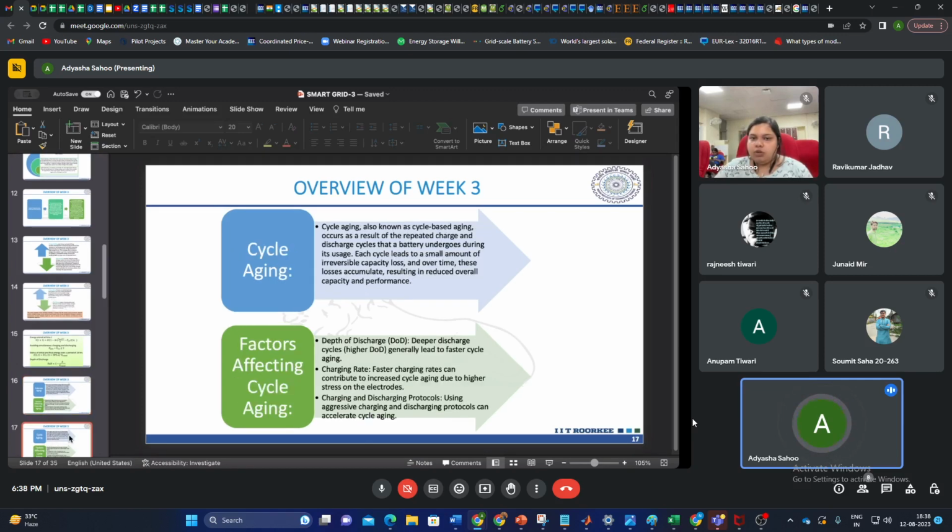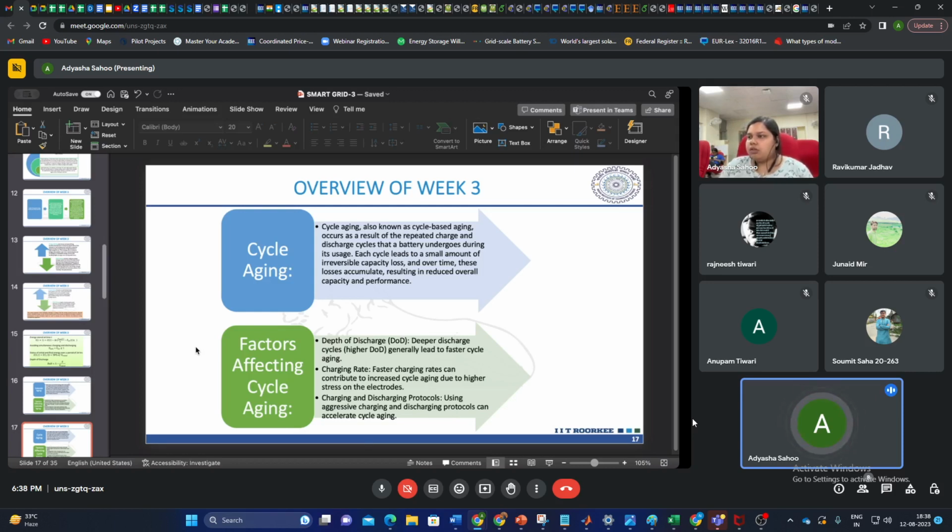Whereas cycle aging is the aging of the battery when it is in use, when it is running. It happens because of repeated charging and discharging cycles. During each charging or discharging cycle, there will be an irreversible loss in capacity, and over time this loss adds up and leads to reduced overall capacity and performance.